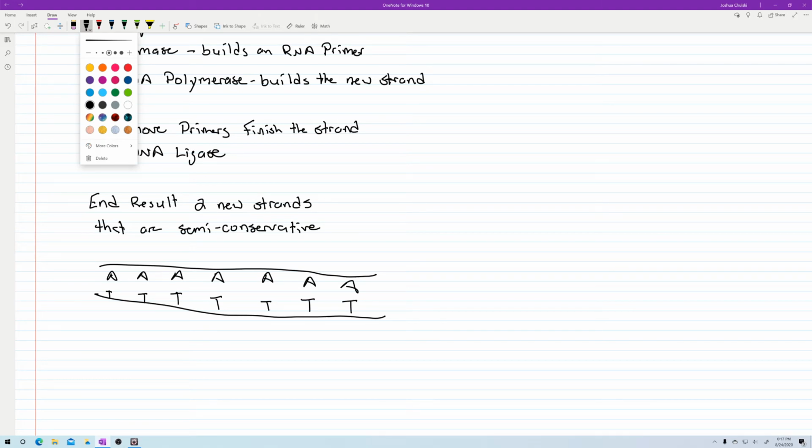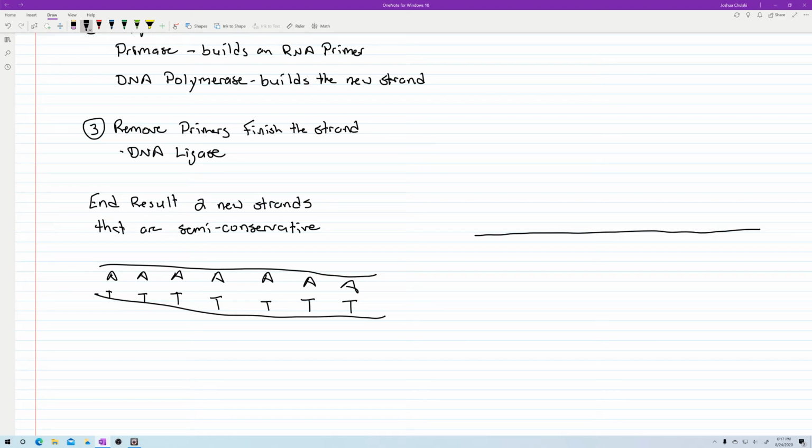And then what I'm going to get, here's what you're going to get. One of the strands will be the old. It'll have one of the old ones, a series of A's, just like in our old strand. Okay. But the new strand, the complementary strand, is going to be new. Okay. See, I built a new strand there. Okay. And then when I copy the other part of it, it's going to be a bunch of A's.